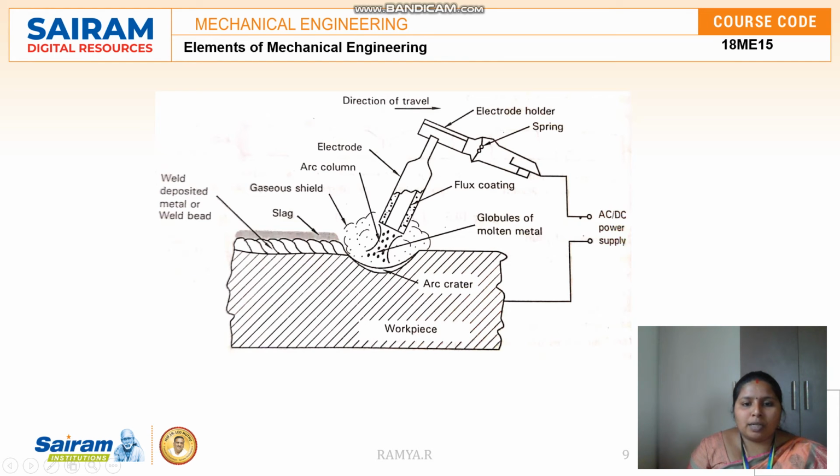The arc makes the electrode melt, and this melts the base metal, which creates the welding. This is how arc welding is done, and this is the direction of travel. It starts from here and moves this way.